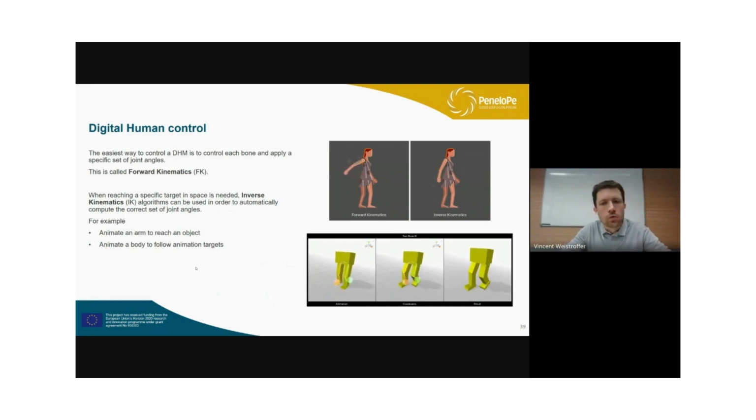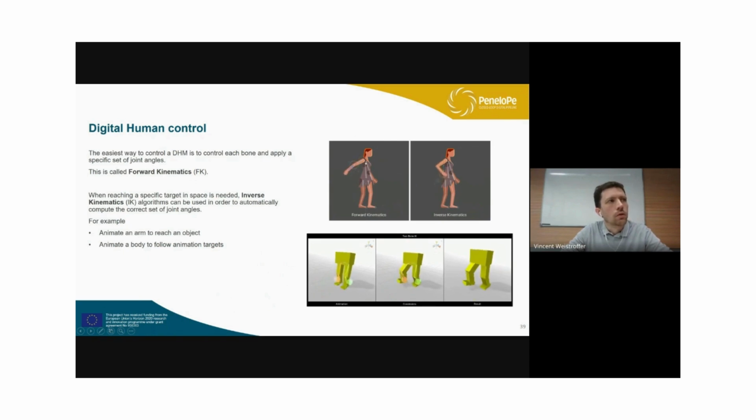So the idea is to control the digital human model so that it can follow some targets in space. The easiest way to do that is to apply some specific joint angles to the human body. This is called forward kinematics. I'm sure that plenty of you are already familiar with this process. That's what you see on the left picture here.